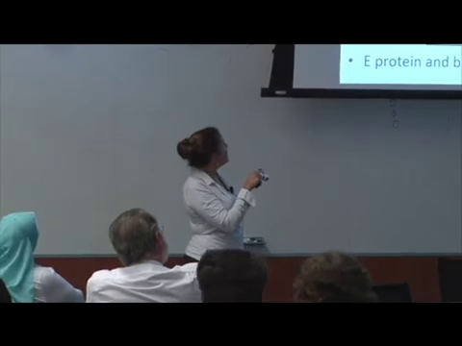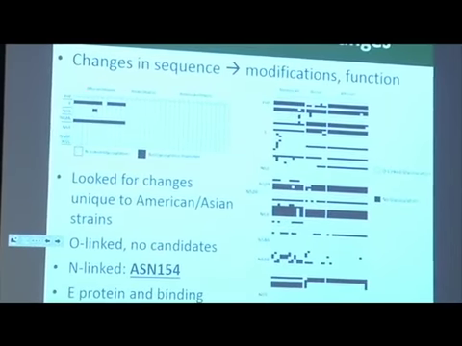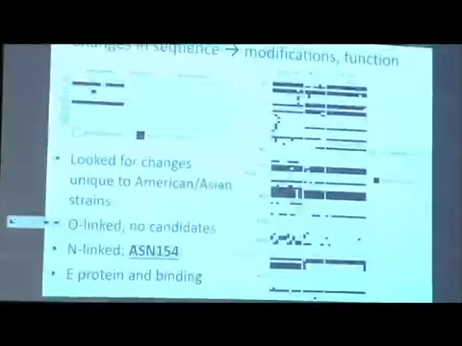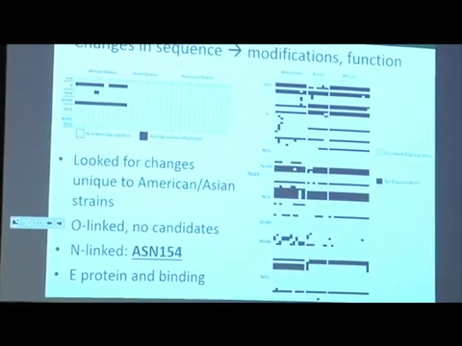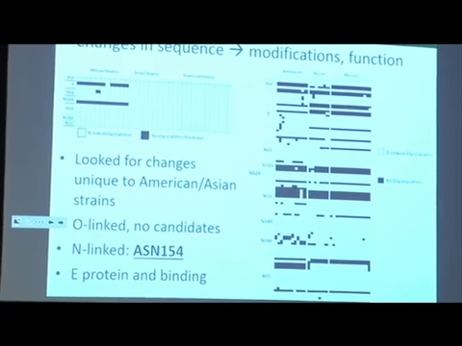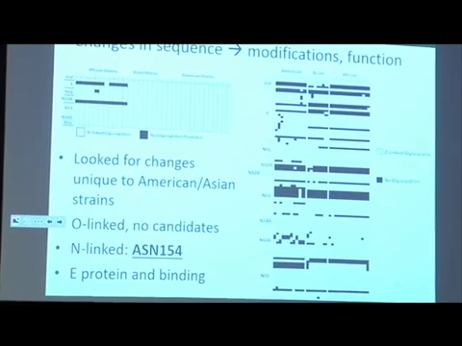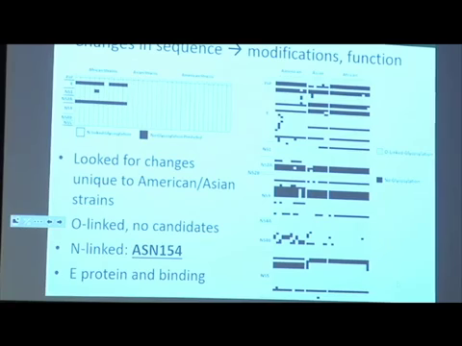In particular, we zeroed in on this one right here. The reason that we liked it so much is that it was in the envelope protein. So this is on the outside of the surface, and this is the protein that's responsible for binding of Zika virus to host cells. This bit right here, it's actually an asparagine, and it's asparagine number 154 of the envelope protein, if you're interested in that sort of thing.